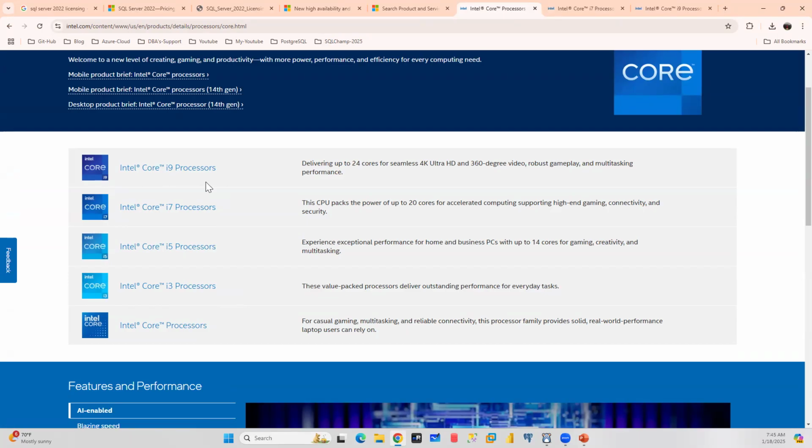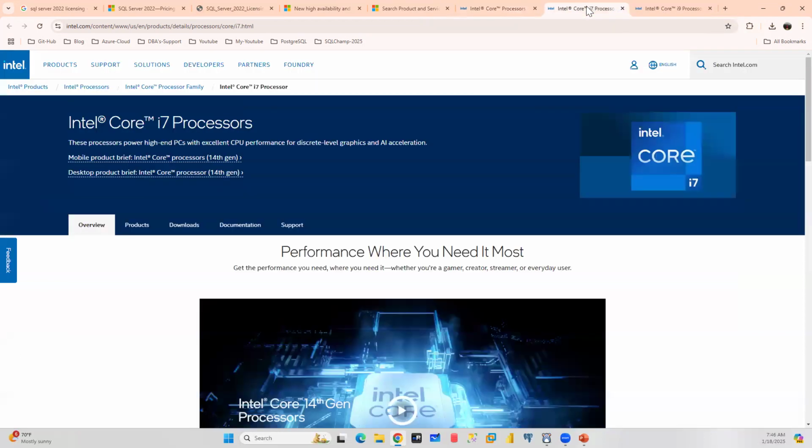The cost will vary when you compare with i5 and i3. Definitely the cost will vary, but since we are going to purchase a new laptop or desktop, we'll go for at least a new generation of processor, so i7 or i9.